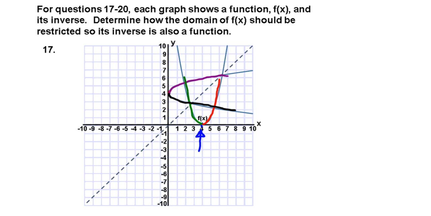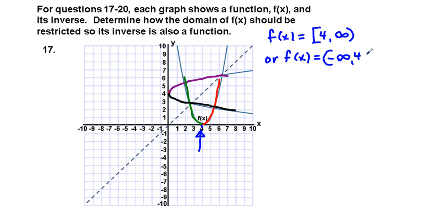So how do we describe that? The domain of f of x, I'm going to put in interval notation, is greater than or equal to 4 and less than infinity, or greater than negative infinity up to and including 4, which we bracket off like that.